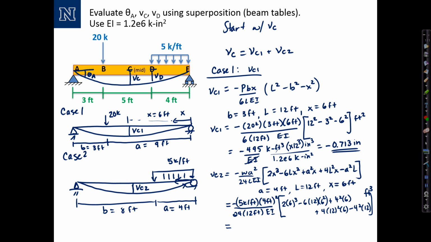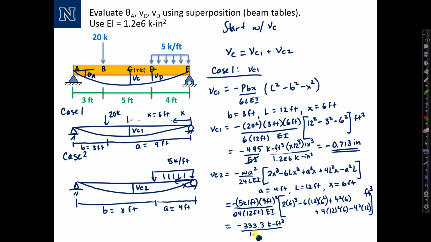So the number is negative 333.3, and the units are kip per foot times feet squared, so kip feet divided by feet, that's kip, and then feet cubed. Again, we have kip feet cubed over EI.